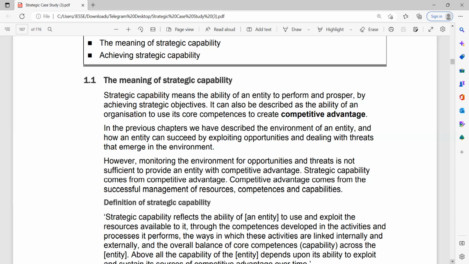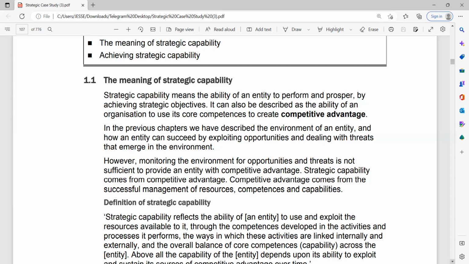But even though monitoring the environment is important for identifying opportunities and threats, it does not necessarily give an organization competitive advantage.